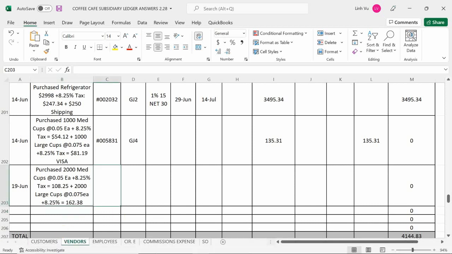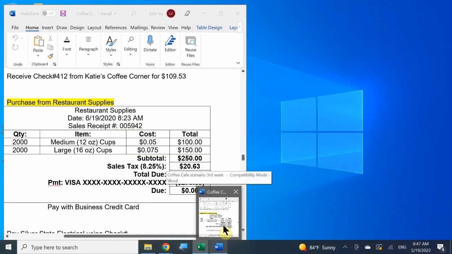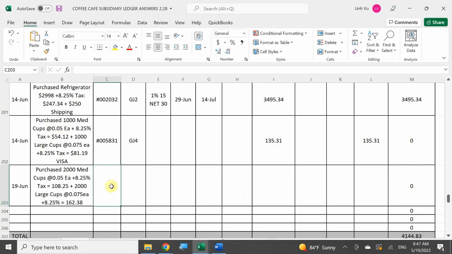Okay? Receipt number 0056 5942. Still on the very bottom of page 7, you paid in store.